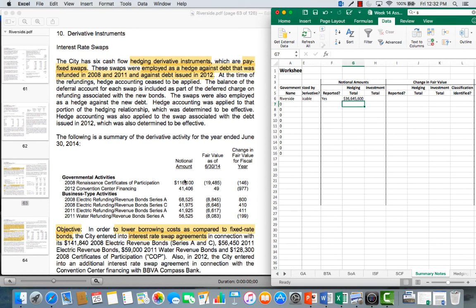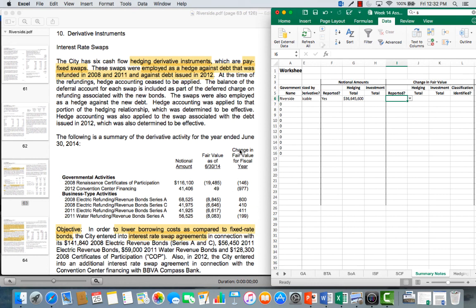Okay, again, they're reporting their numbers in thousands here. I know that because up toward the front, it said that all the amounts were in thousands. You need to make sure that you're using the proper numbers. There is no investment total, so let's move on next to change in fair value.